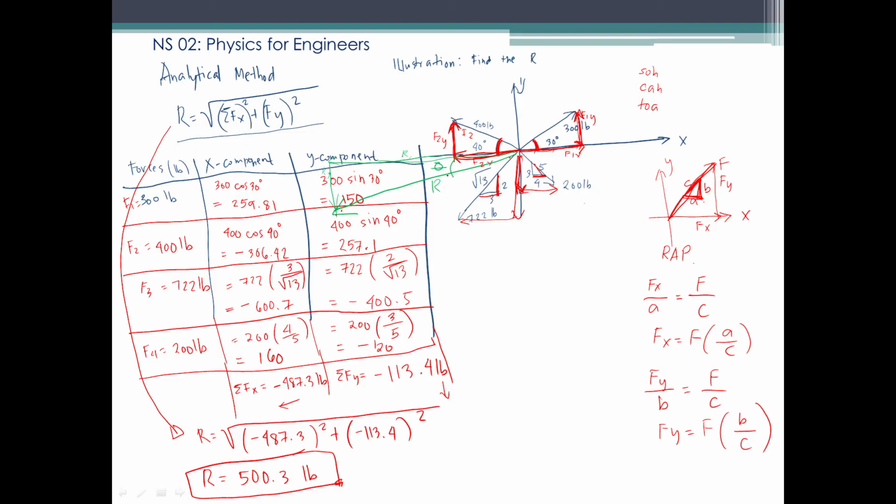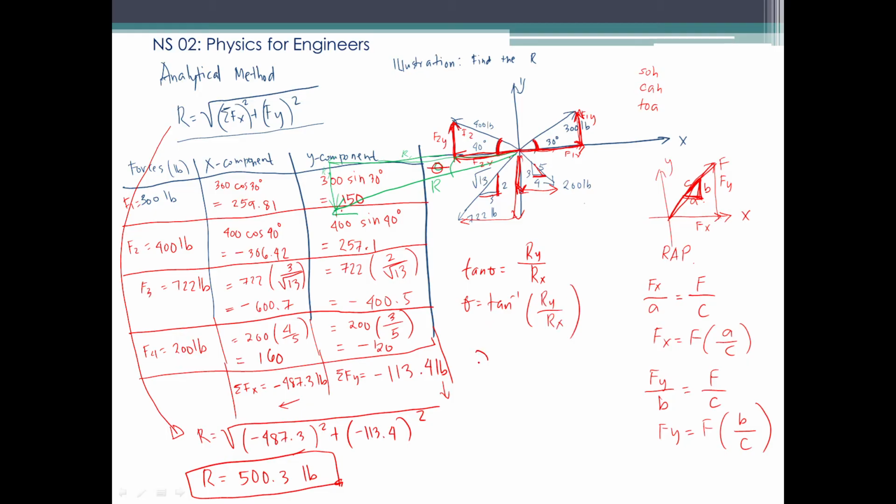And then to get the angle, let us try to solve for the angle. Tangent theta is opposite over adjacent. So if this is our theta of the resultant R, opposite is Ry over adjacent, which is Rx. So arctangent, to get the angle theta, arctangent of Ry over Rx.